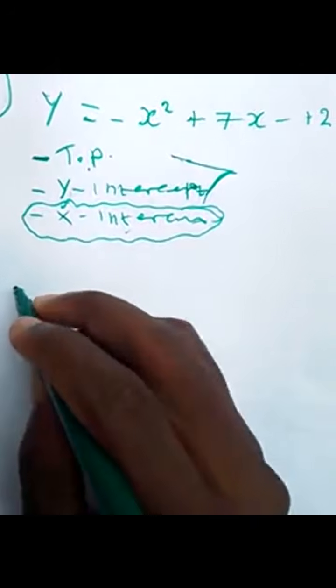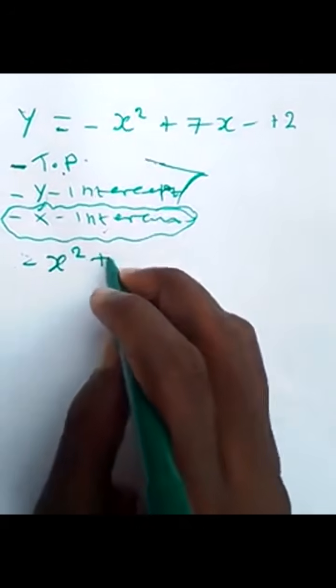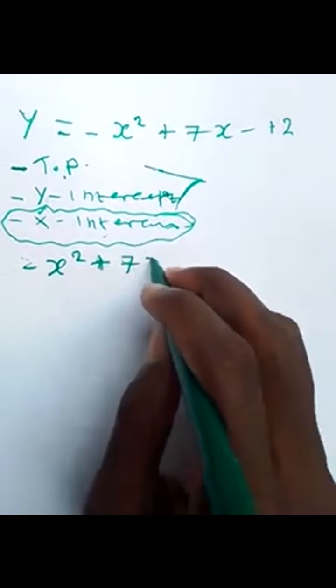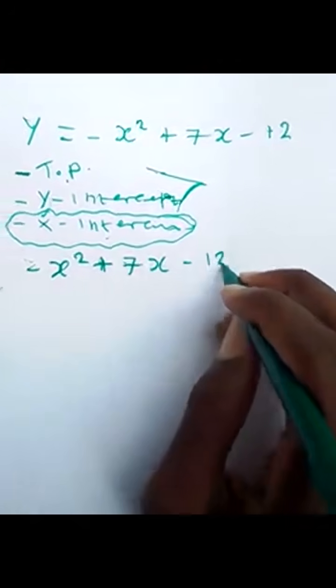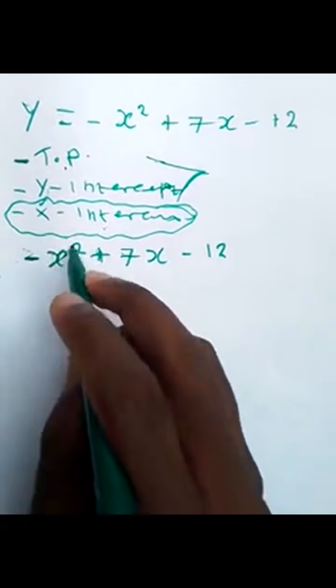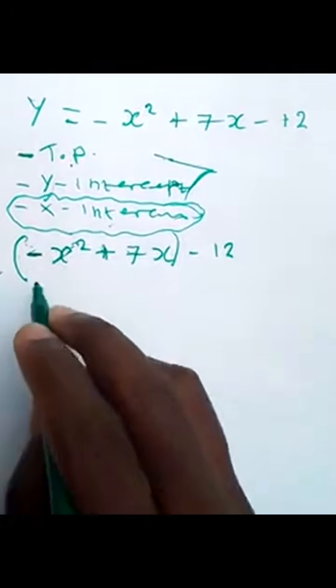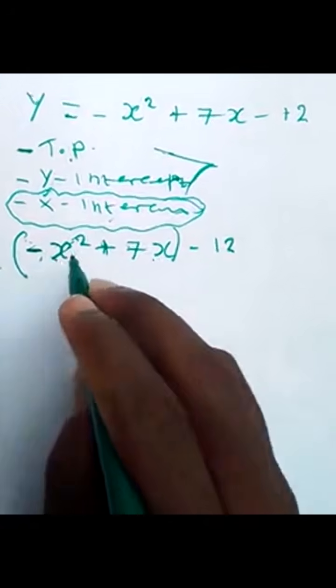Let me just write the expression again. We apply the completing the square method. In a case where you have something in front of x power 2, you're going to factor it out. First of all, let me group the two terms, the one having x power 2 and the one having x.